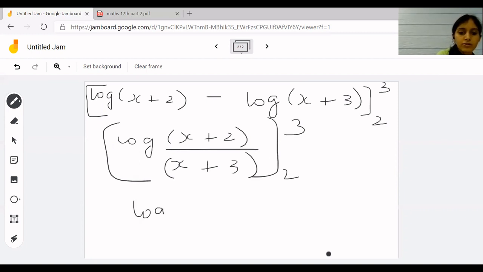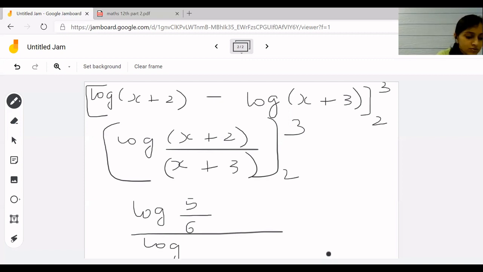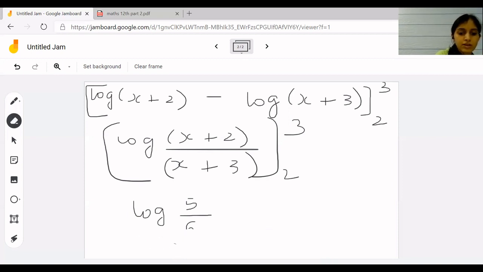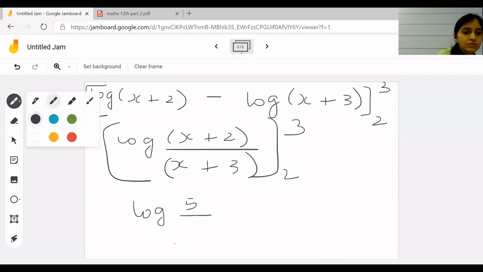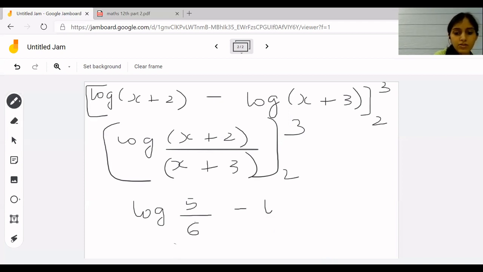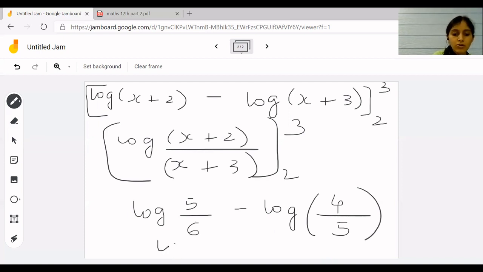So that will be log of 5 upon 6, minus log of the lower limit, that is 4 upon 5. Okay, log of a minus log of b again would be log of 5 by 6 upon 4 by 5, which will be 25 by 24.